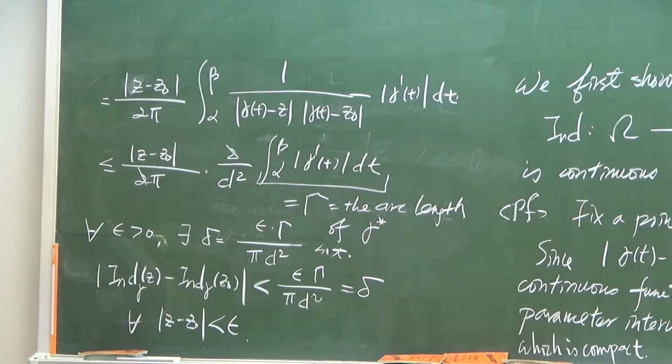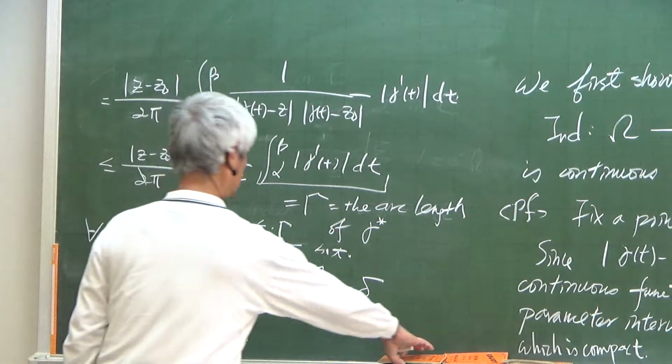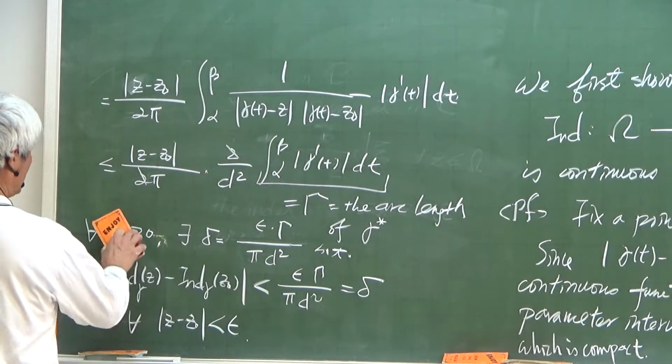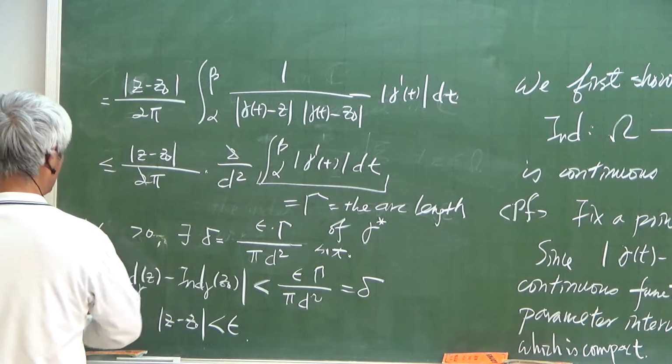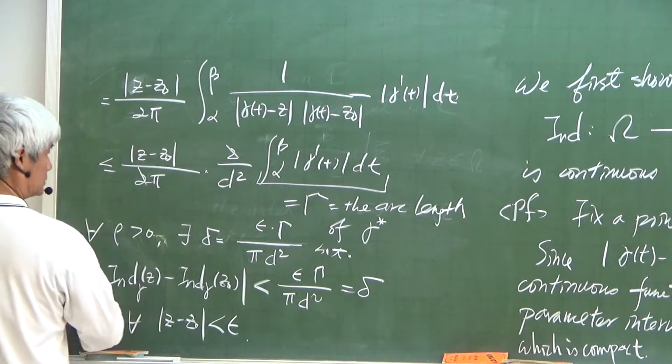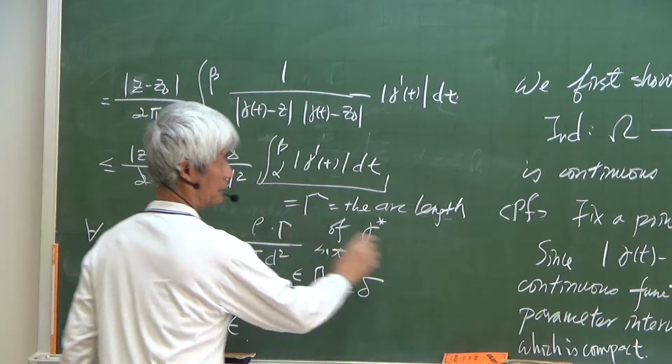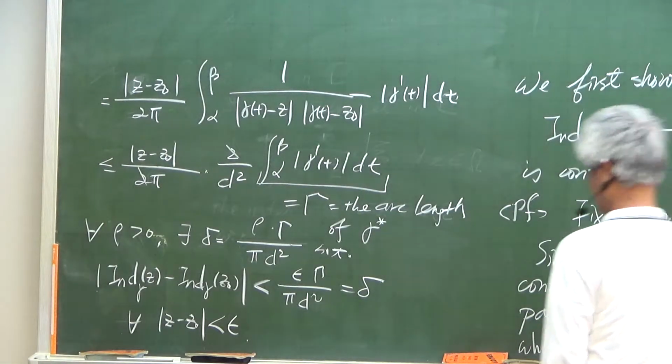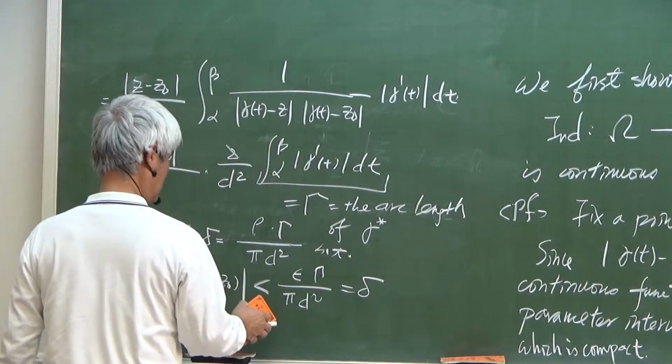Okay? So, well, the epsilon actually is rho. Maybe I just use rho. Because I use rho as the neighborhood.